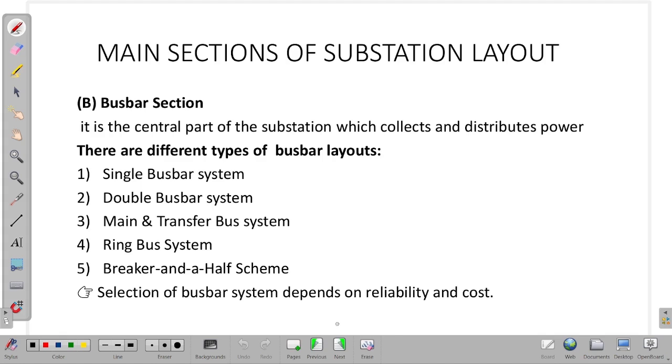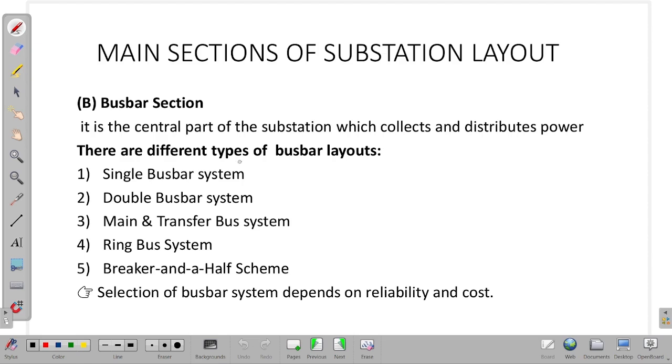Then the second one, the busbar section. It is the central part of the substation, which collects and distributes power. All the power coming to the substation enters the busbar and is distributed through the busbar.